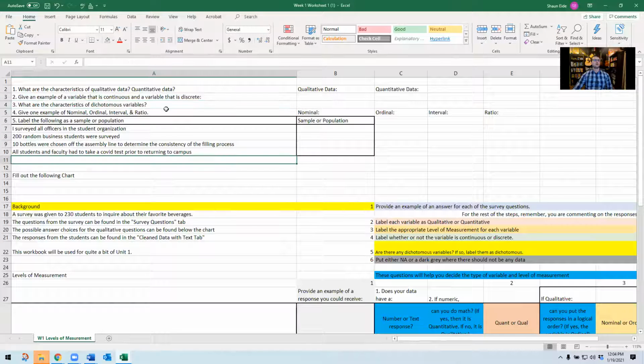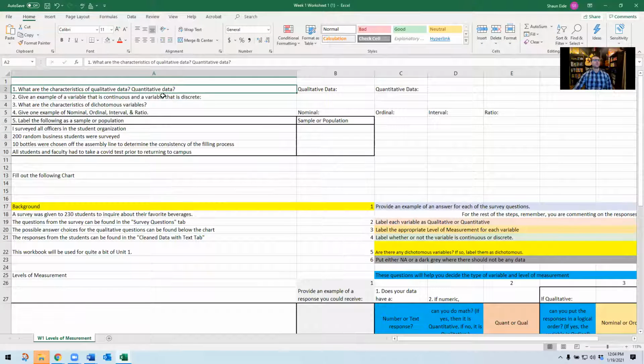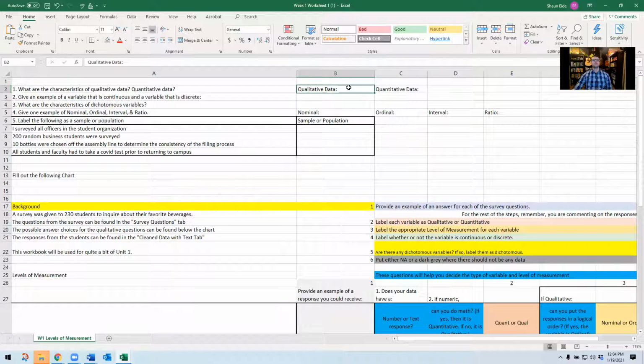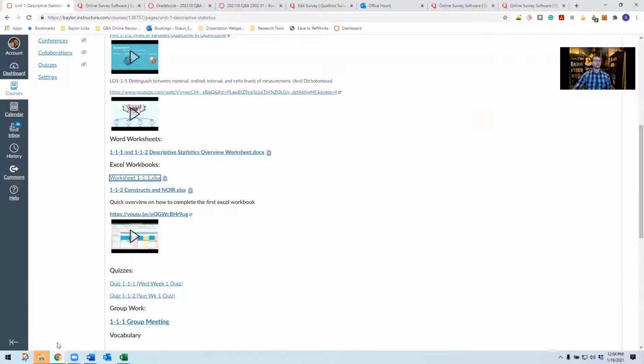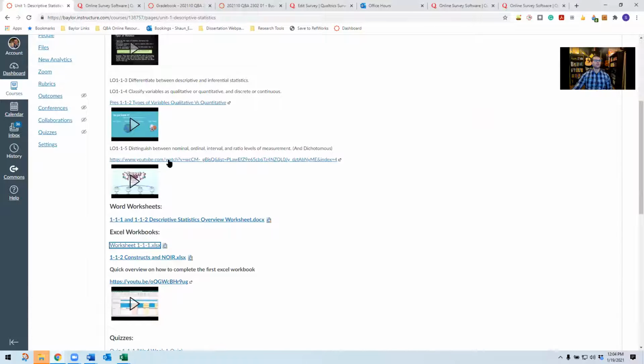Okay, so what are the characteristics of qualitative data and quantitative data? Just take a minute and go in here and say, hey, these are the characteristics of qualitative data. If you want to know where to find them, they can be found very specifically in this lecture right here and this lecture right here.